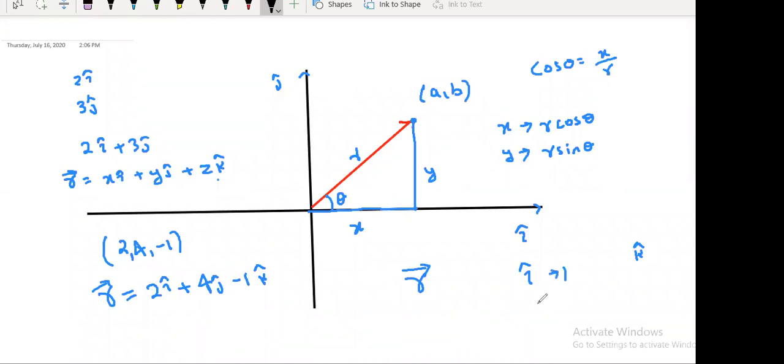So if you're writing i cap, it means x direction and magnitude is 1. If you're writing j cap, it represents y direction, magnitude is 1. Now what is the meaning of minus i cap?